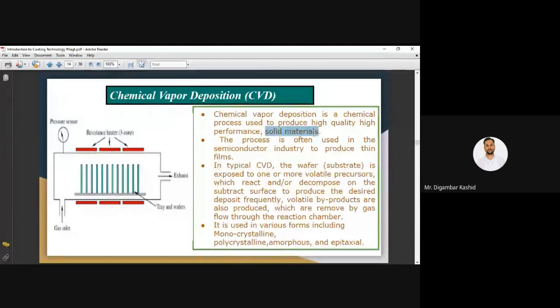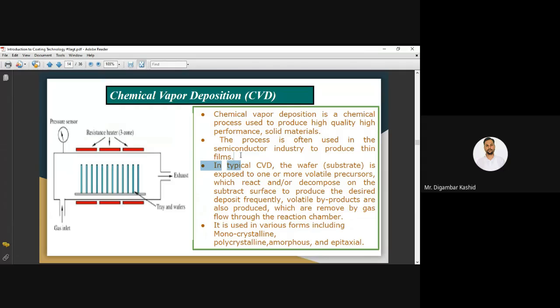The process is often used in the semiconductor industry. For what purpose? To produce a thin film.